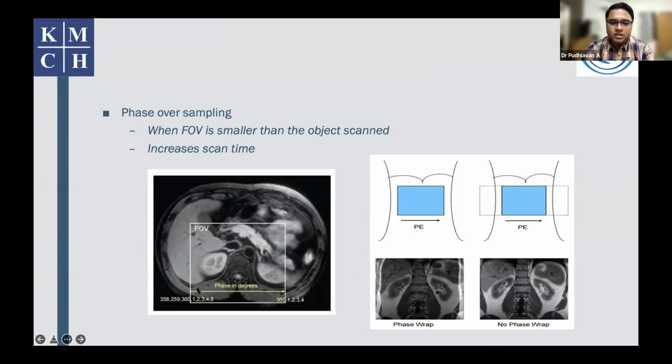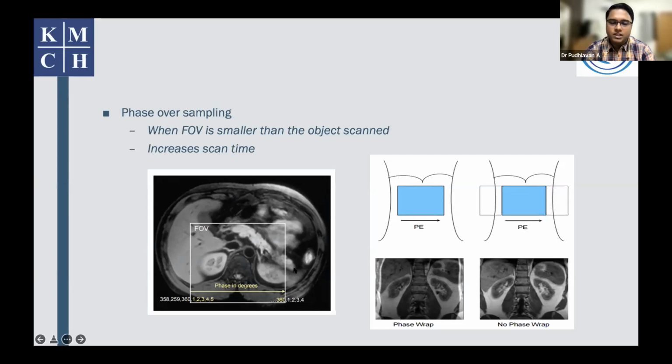At this point, the phase difference between the photons can only vary from 1 to 360 degrees. So once the 360 degree phase encoding is finished, the system will automatically start encoding the next voxel with a phase encoding of 1, 2, 3, and so on.